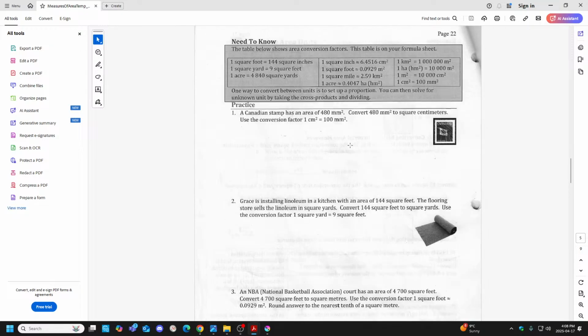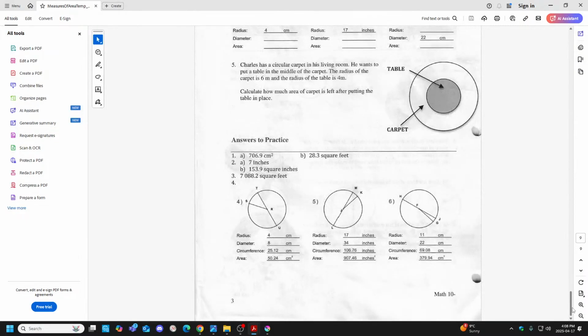And then I think we did one of these. Again, you can just use ratio proportion, guys. And I have the answers at the bottom here for you, okay? Right here. Okay, now they got this wrong. I don't know what they were doing.